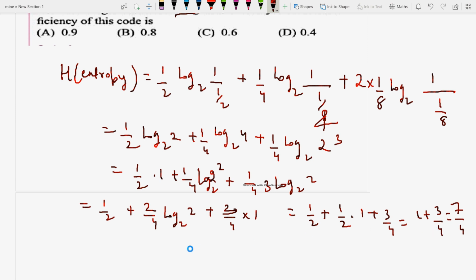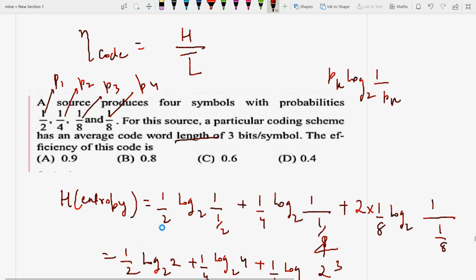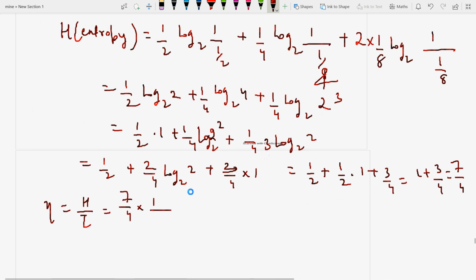Yes, it is right. Now efficiency will be H upon L bar. H is 7 by 4 and L bar is, as given, 3 bits per symbol, that means L is 3, so it will be 7 by 4 into 1 by 3, which is 7 by 12.